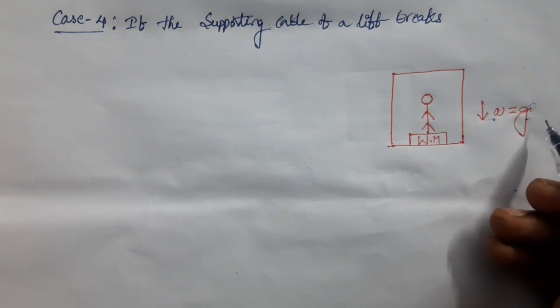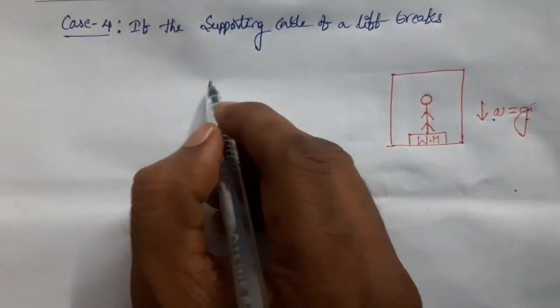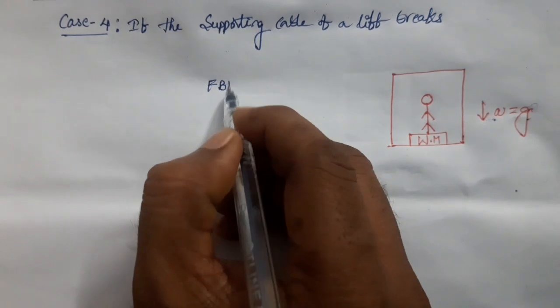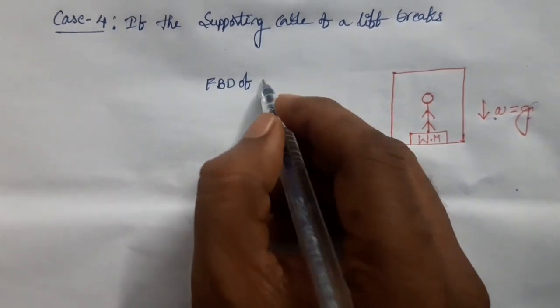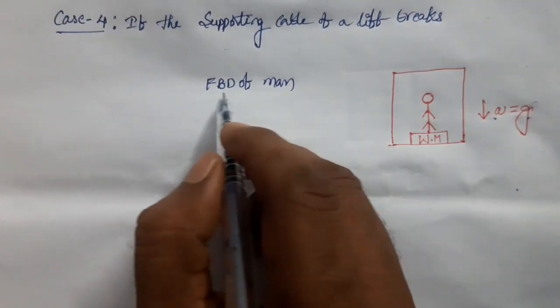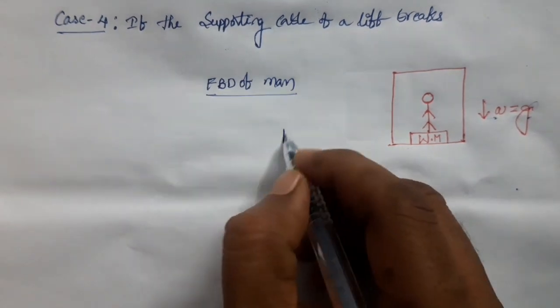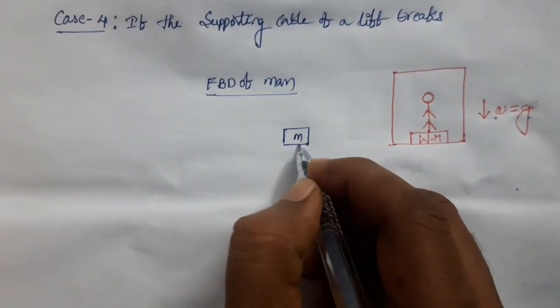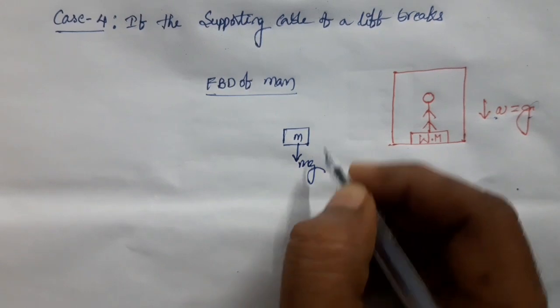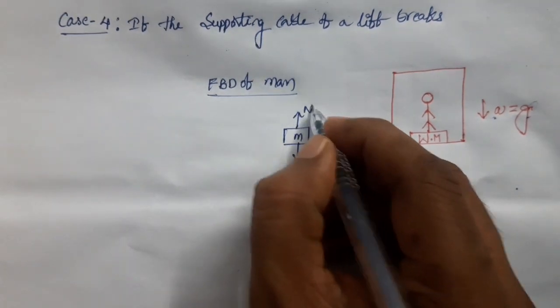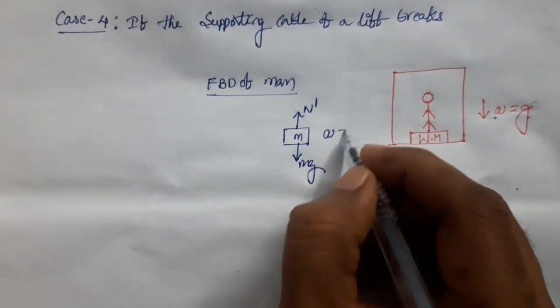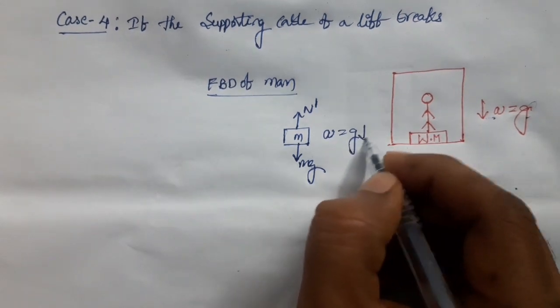So here we can write the FBD of this man to get the normal reaction. FBD of man, here, students, taking mg downward and normal reaction n dash upward, a is equal to g in the downward direction, students.